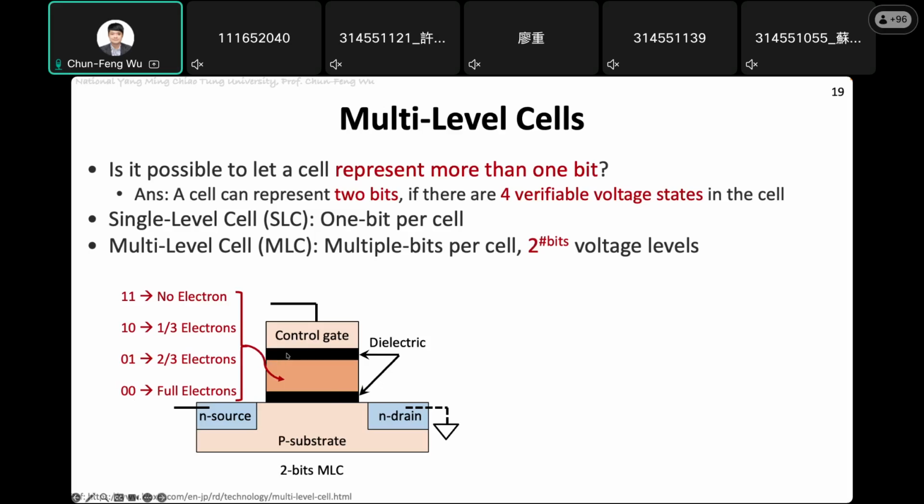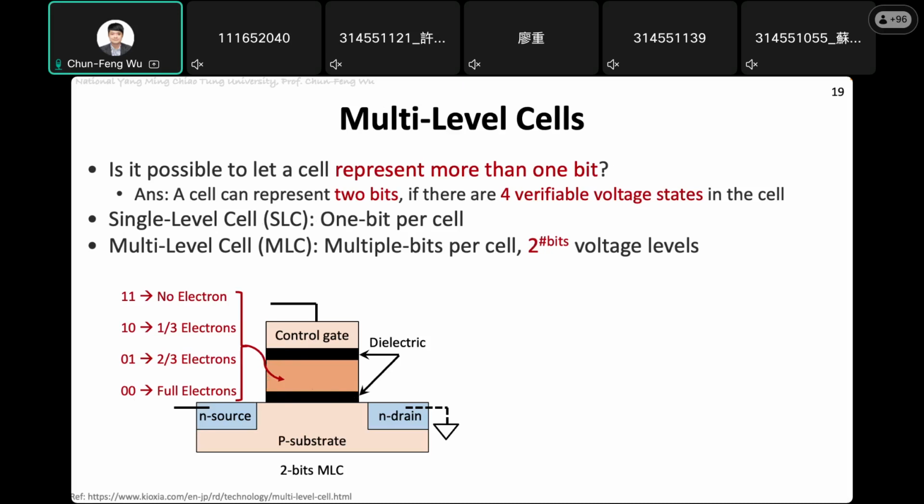Think about it: if you have SLC only, you can represent only 1 bit in this area. But if you are QLC, you can represent 4 bits in this area. So 4 bits means 4 times. You can enlarge the overall SSD capacity by 4 times.